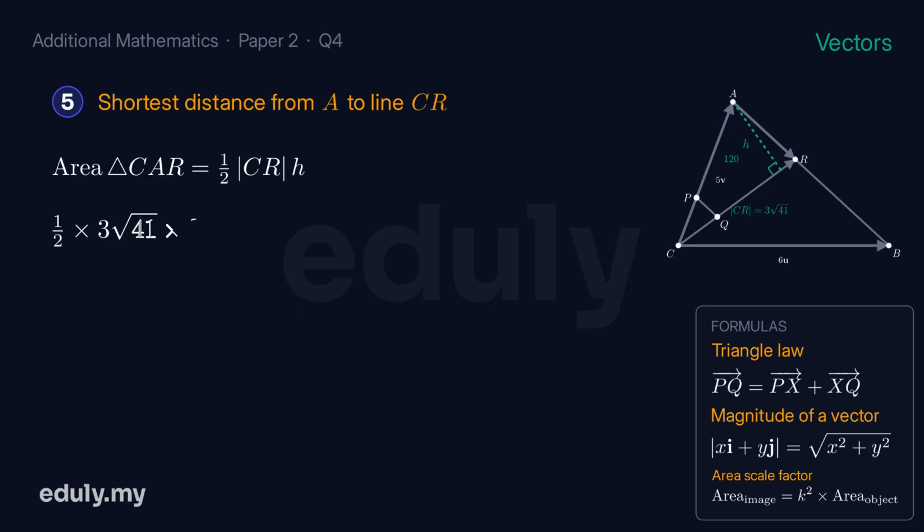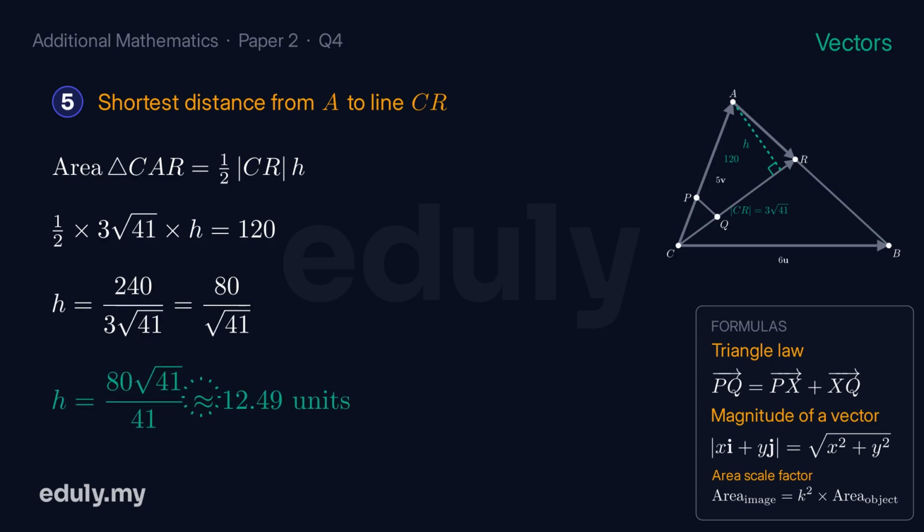We know the area is 120 and the base is 3√41, so put those in. Rearrange for h. Rationalize the surd, and the shortest distance is 80√41 over 41, about 12.49 units.